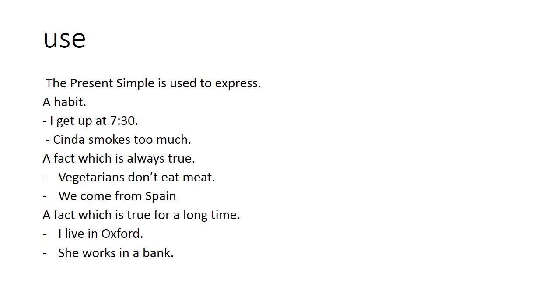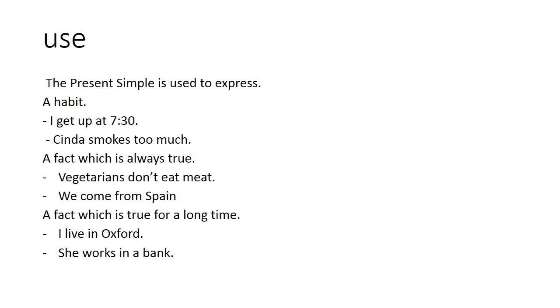Uses. The present simple is used to express, the first one, a habit. For example, we have two sentences, like I get up at 7:30 a.m., and Kinda smokes too much.